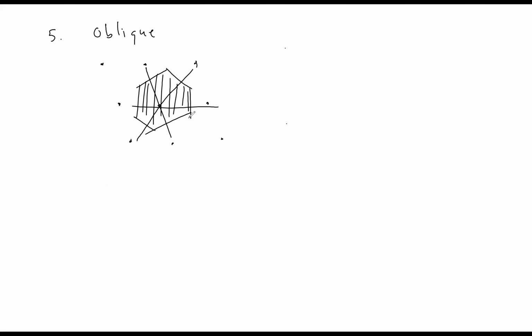And this one is the least symmetric of the 2D lattices because it has arbitrary A1 and A2. It has only inversion symmetry.